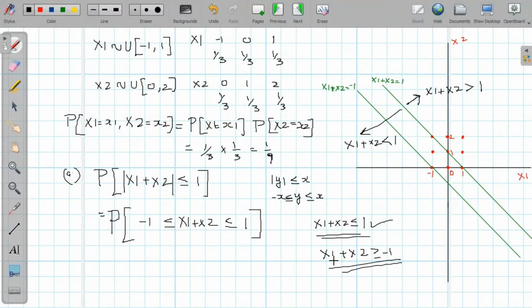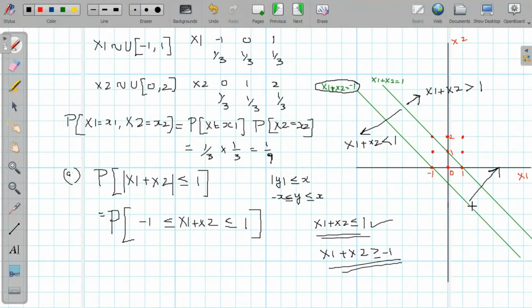So the region corresponding to this inequality will include the line x1 plus x2 equal to minus 1, this whole line, plus the region for which x1 plus x2 is greater than minus 1. The region for which x1 plus x2 is greater than minus 1 is the region lying above this line.